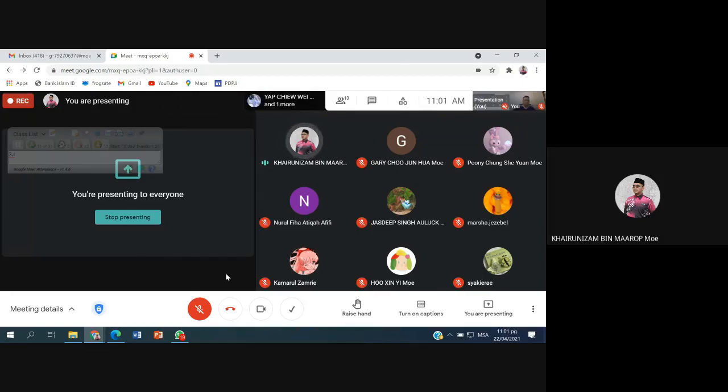So 10 minit. So nanti cikgu nak kamu buka kamera kamu dan cikgu nak ambil gambar yang kamu sedang membaca. Okay? Okay, boleh start membaca sekarang. Jangan keluar dulu dari kelas ni.